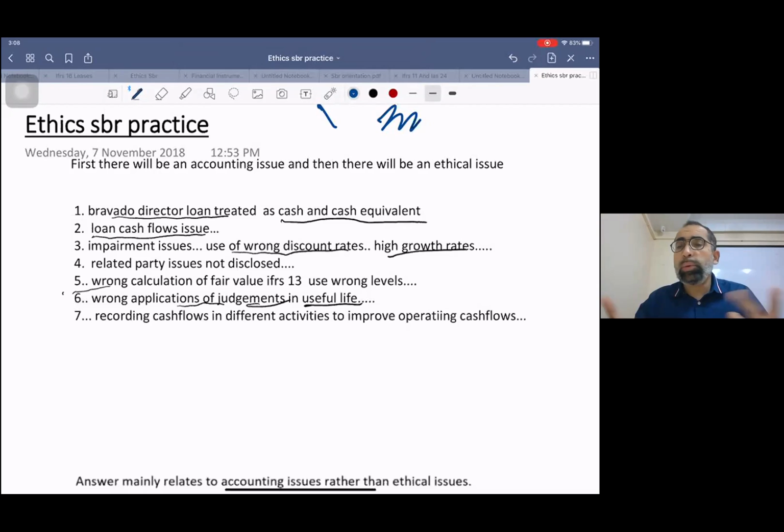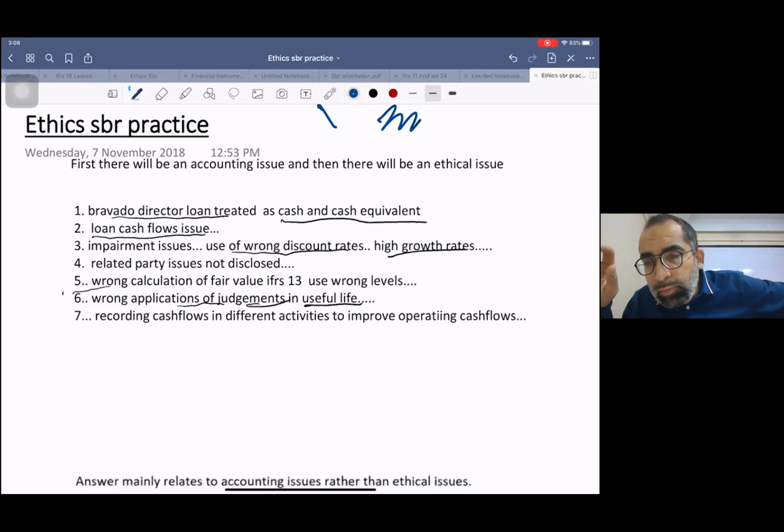Operating activities are ongoing activities, the activities for which the organization is made. So normally all CFOs try to increase the operating cash flows. What they do is sometimes shift cash flows from investing activities to operating activities. That's also unethical. That's also not allowed by IFRS.